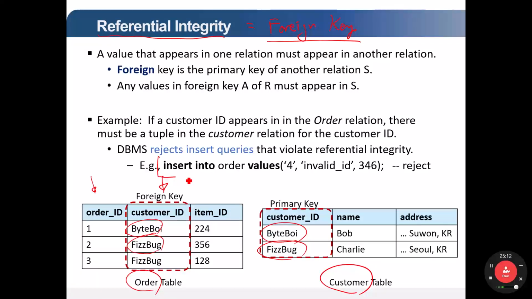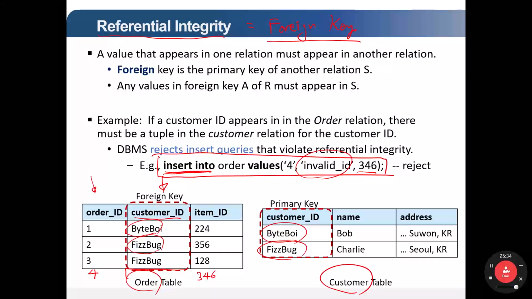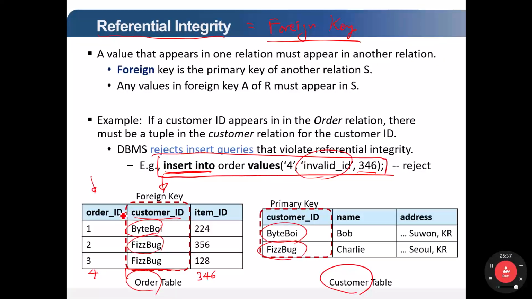And then let's suppose somebody executed this insert statement. This statement tries to insert a new order with ID 4 and an invalid ID into the customer ID and 346 into the item ID. So when this insertion statement is executed, the DBMS will find out that this order table has a foreign key constraint, so it should check if this second value exists in the customer table.